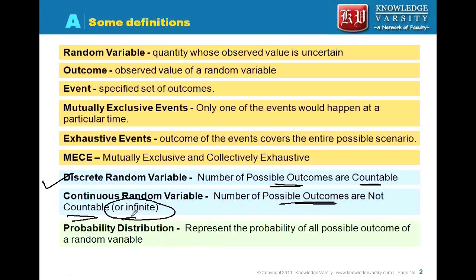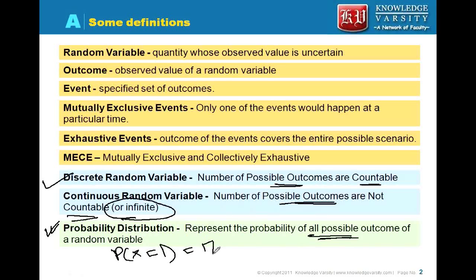However, you can have another thing which is called a probability distribution. Now what is a probability distribution? We'll cover this in detail. I'll just give you a hint: it represents the probability of all possible outcomes of a random variable. When you are throwing a die, what is the probability that x is equal to 1?